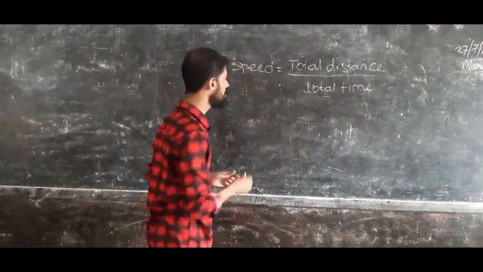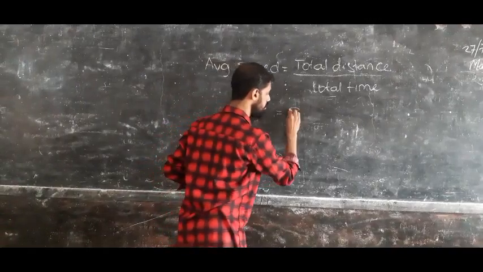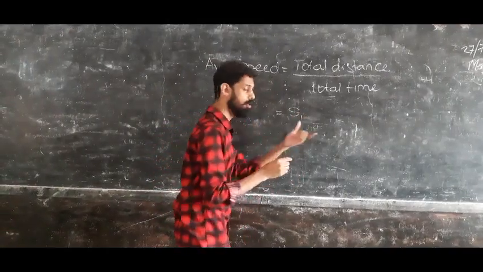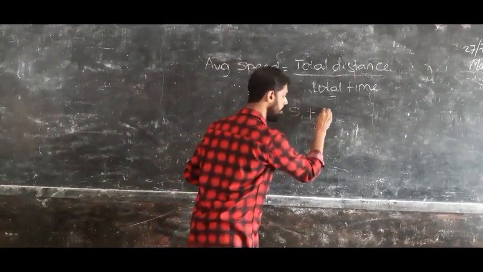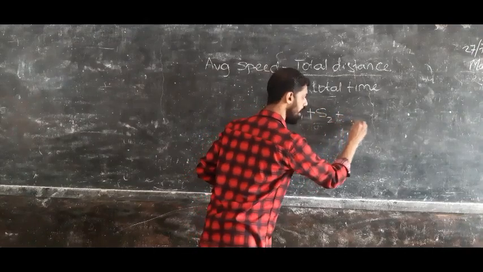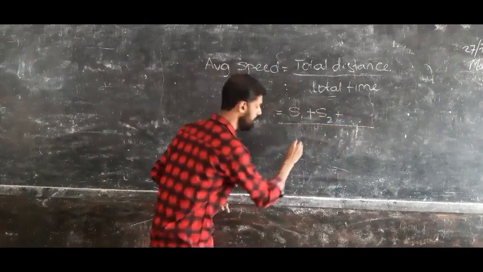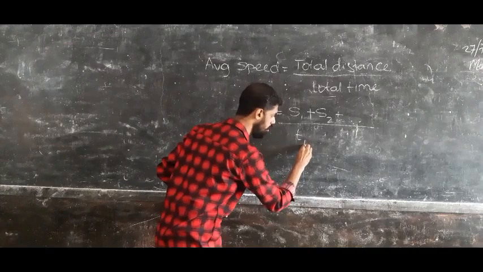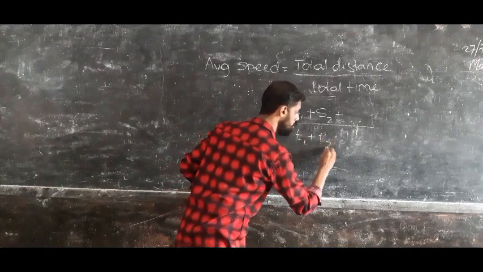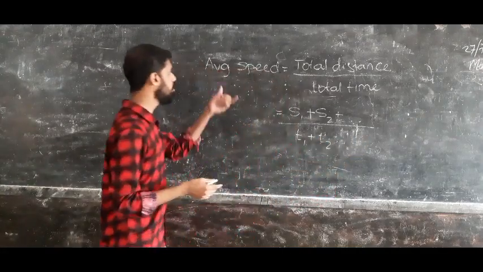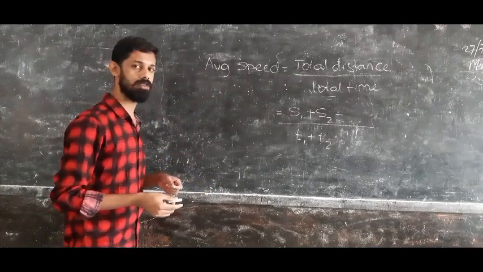Distance is denoted by the letter S, so we can write S1 plus S2 plus etcetera, divided by time denoted by T, so T1 plus T2 plus etcetera. This is the equation for average speed.